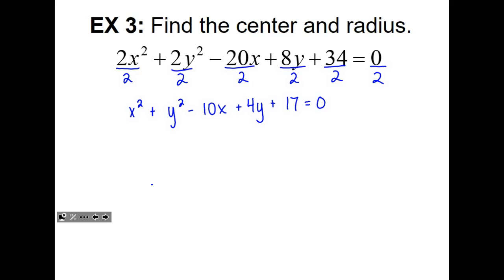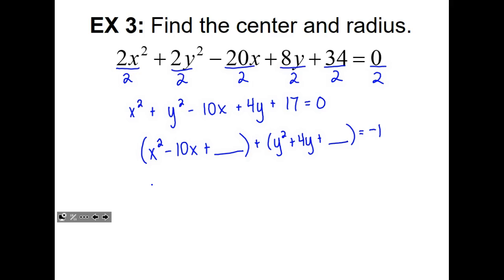Okay, so now we'll group our x's together. X squared minus 10x plus blank, plus y squared plus 4y plus blank. And that's going to equal negative 17, because 17 is going to be negative when we move it to the other side. We'll put plus blank plus blank.